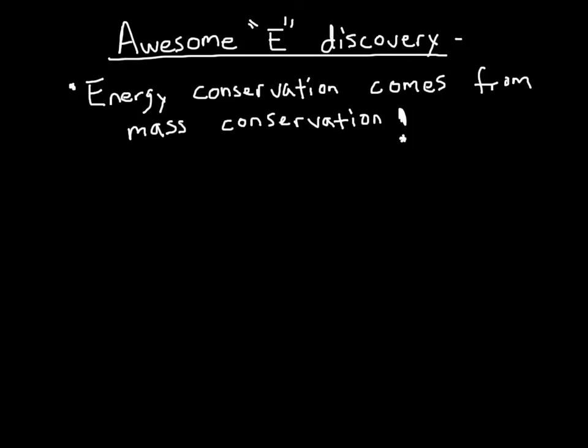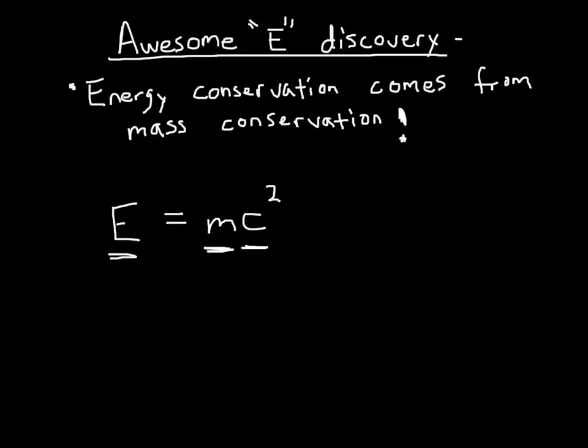One of the most amazing discoveries in physics happened in the early 1900s, and that discovery meant that energy conservation actually comes straight out of mass conservation through the following formula developed by Einstein: E equals mc squared. Energy is equal to mass times the speed of light squared.